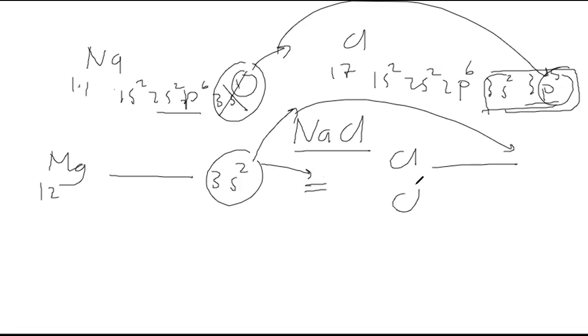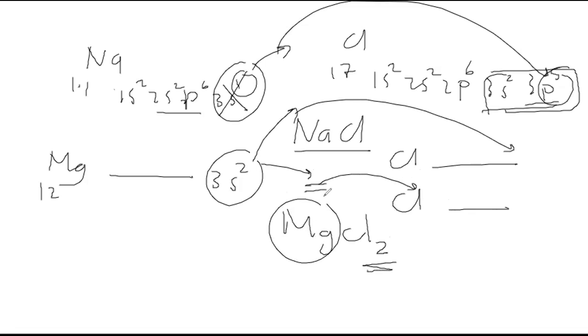We should have another chlorine atom to receive it. That creates a compound of MgCl2. There is a ratio: one magnesium atom combines with 2 chlorine. Why 2 chlorine, not 1? Because magnesium loses 2 electrons while chlorine receives 1. Each magnesium atom gives 2 and each chlorine just receives 1, so 1 magnesium must combine with 2 chlorine.